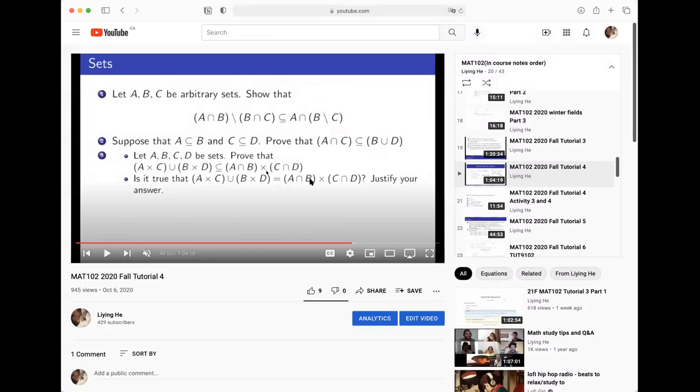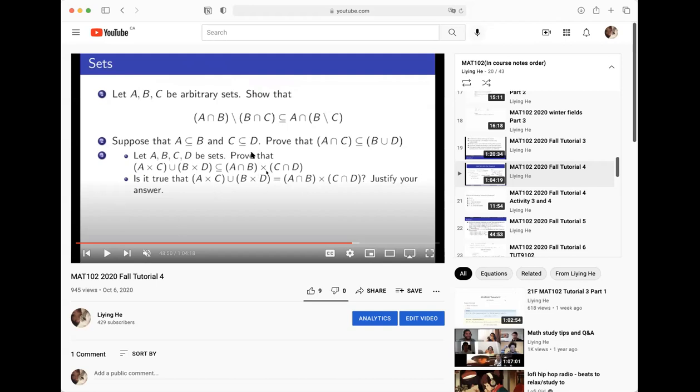So for set questions, I want you to be able to do this type of questions. Do you guys see? Yes, okay, because this involves Cartesian product and this is Cartesian product. When this question was on the quiz, a lot of people did not do well.